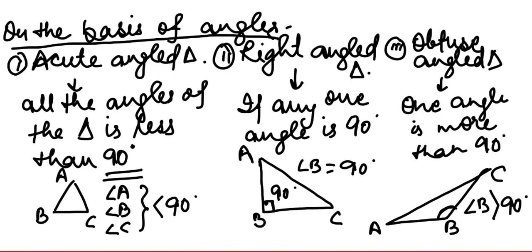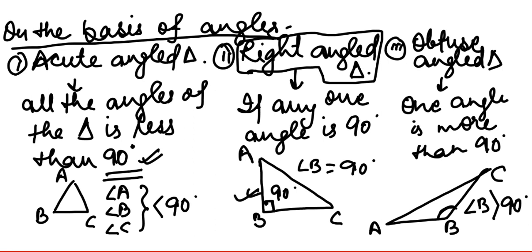If any one angle of the triangle is more than 90 degrees, then it is an obtuse angled triangle. One more thing students, when we talk about acute angled triangle, all the angles will be less than 90 degrees. But when we talk about a right angled triangle, only one angle will be equal to 90 degrees.